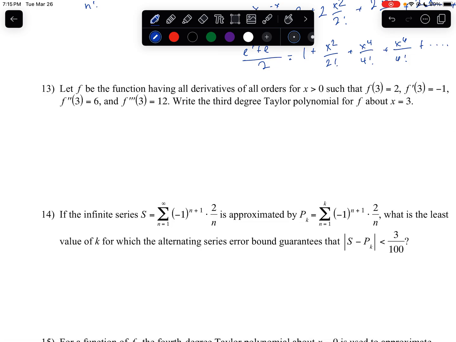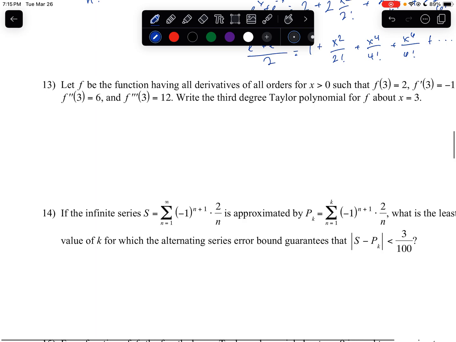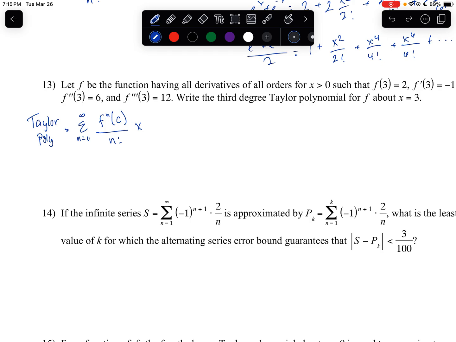So as a quick reminder of what a Taylor polynomial is, a Taylor polynomial can be written as such. n equals 0, it's the nth derivative at some value a, over n factorial, times x minus c.